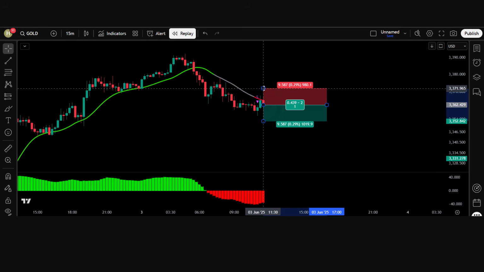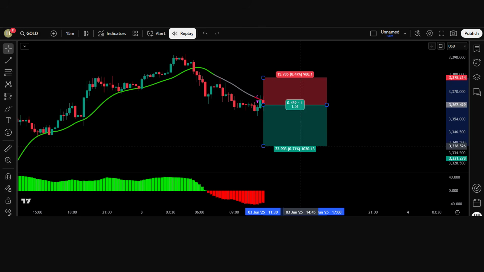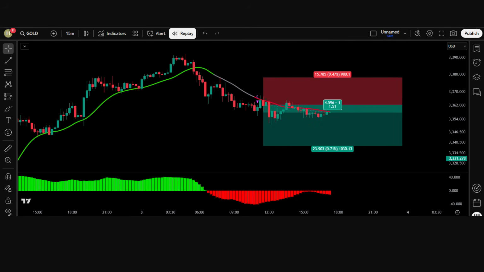Place your stop loss at the current market's higher level, with a 1 to 1.5 risk-reward ratio. The market has completely hit the target.